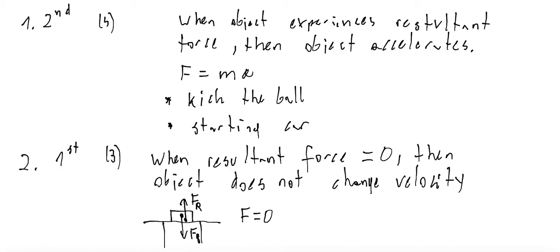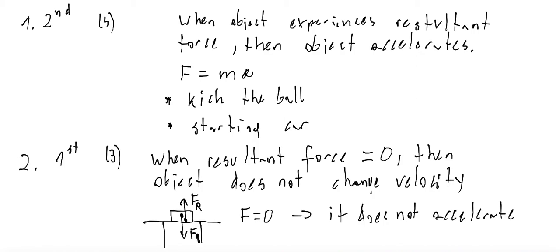So the overall force which acts on the book is equal to 0, which means that the book doesn't accelerate. In this case, it doesn't move, which means that it doesn't accelerate. Of course, you can write here an example with a parachuter or something like that, but you must refer to the balanced forces.